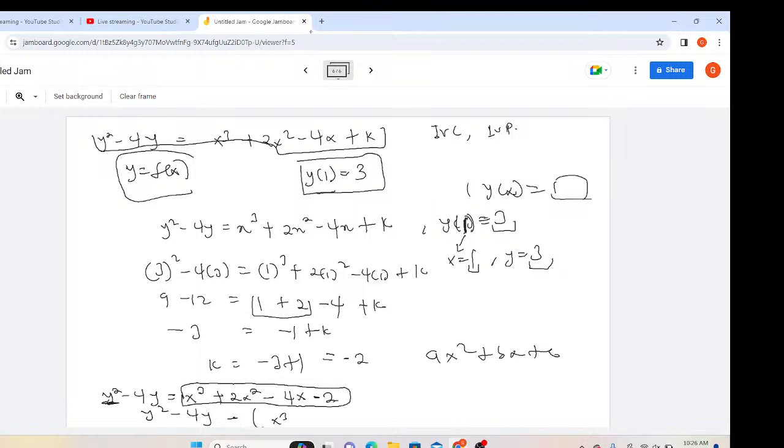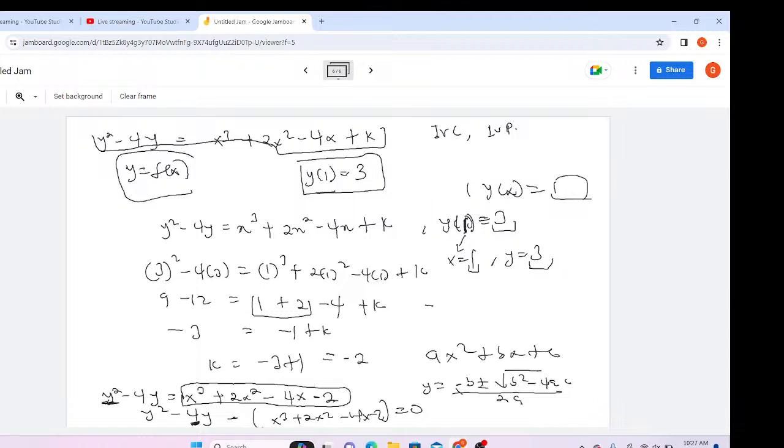So minus the x cubed plus 2x squared minus 4x minus 2 equals 0. When you have this, making y the subject will be negative b plus or minus root b squared minus 4ac all over 2a. Our b here is negative 4, so negative b becomes 4.